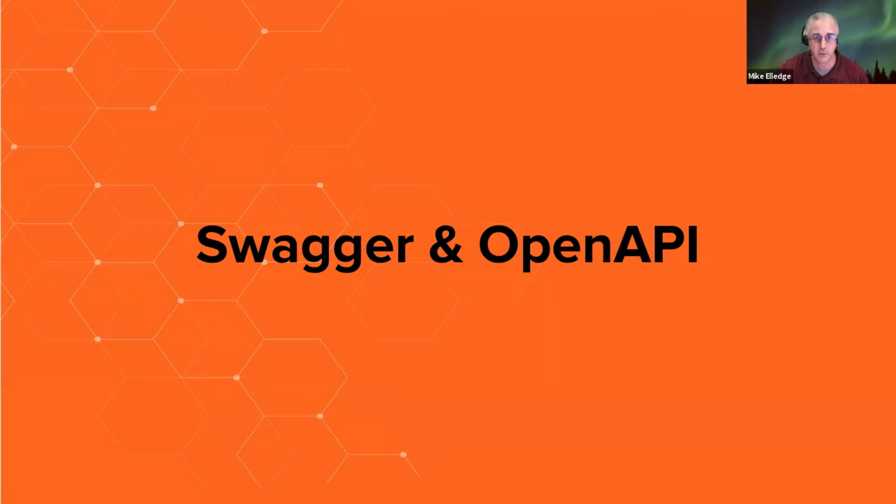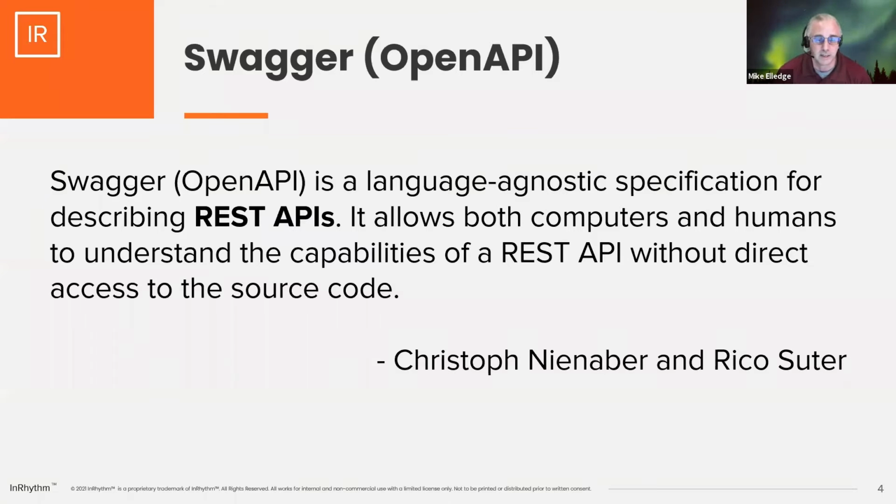Okay, Swagger and Open API. Swagger and the Open API is language agnostic, and it doesn't matter what it is. It's a set of specifications and markups that describes a REST API, and you don't need access to the source code.